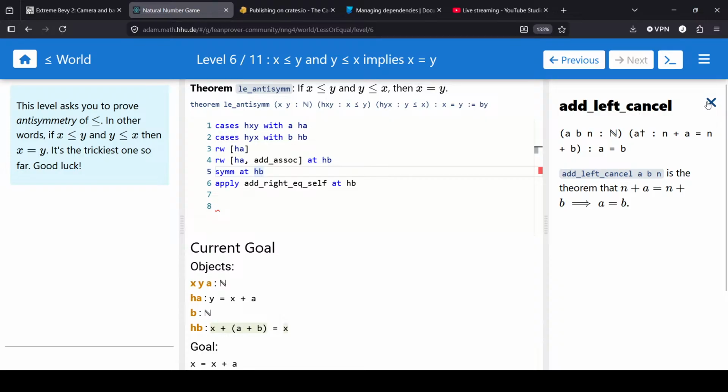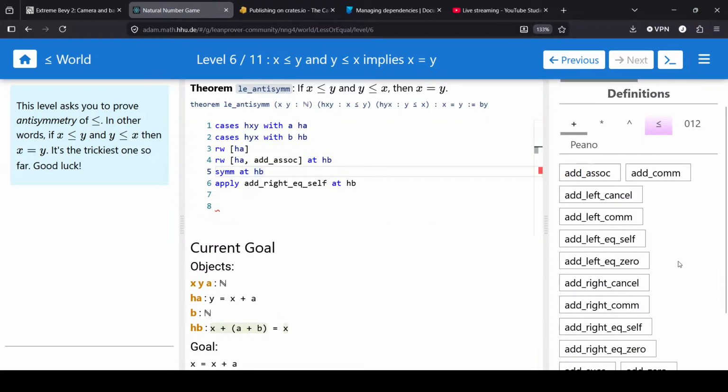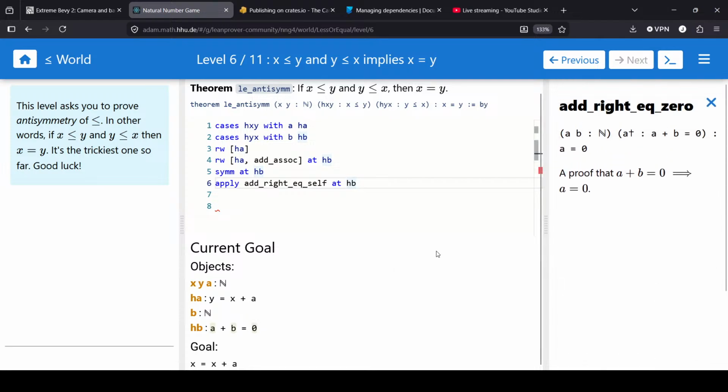Didn't you prove that already? I used it just last level? I did? Did I? Is it this guy? Oh, yeah, it is. I'm blind. I'm stupid.